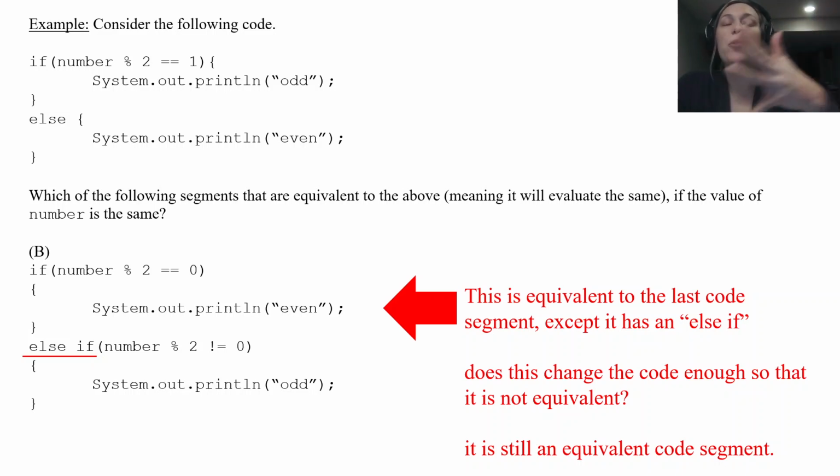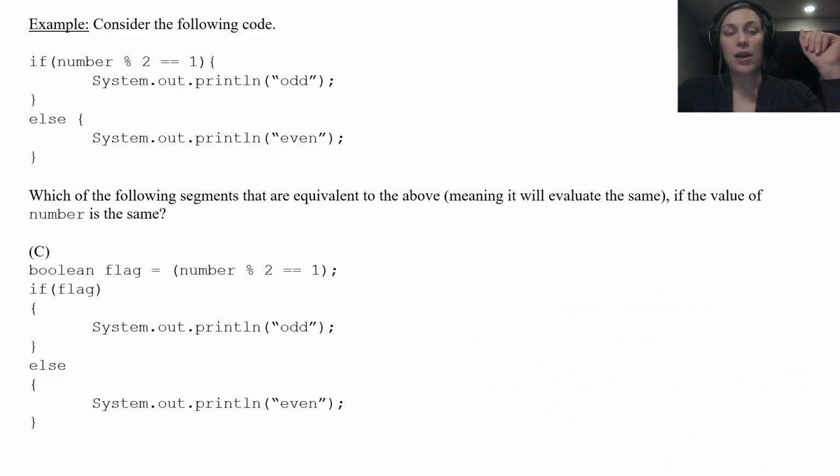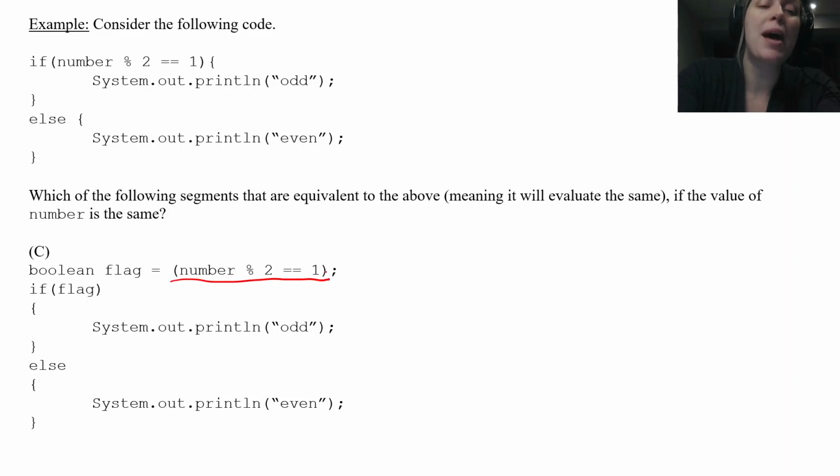So you're seeing multiple ways of writing code that accomplishes the same thing. Even for C, now this is interesting. We haven't seen a code segment like this before. It says Boolean flag equals, and then in parentheses, number mod 2 equal to 0, or equal to 1. So remember that this is a question. This is going to evaluate to true or false.